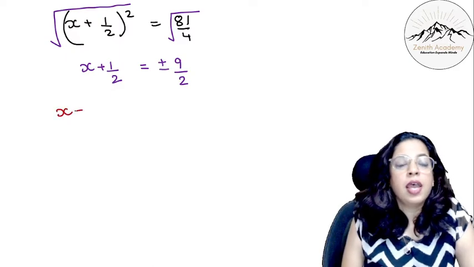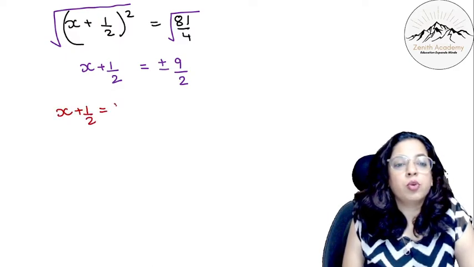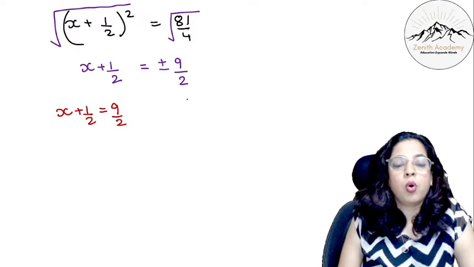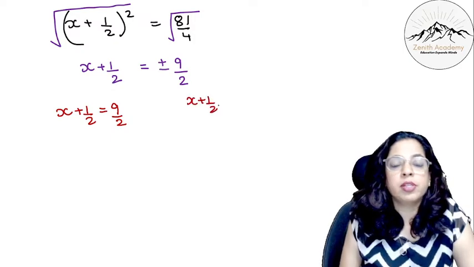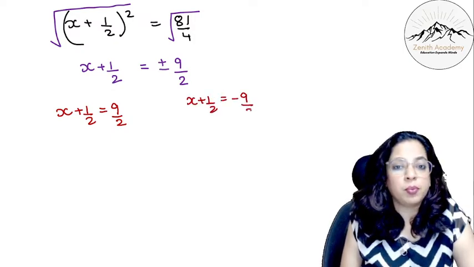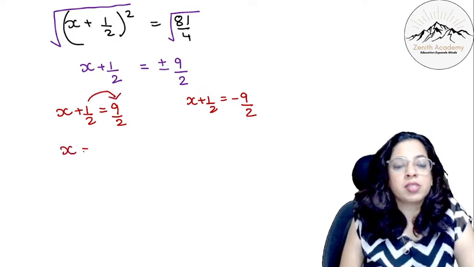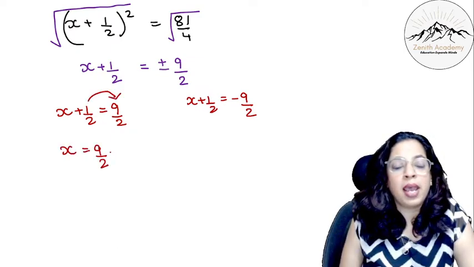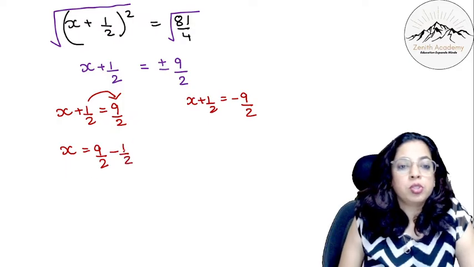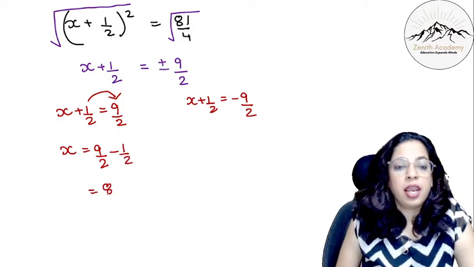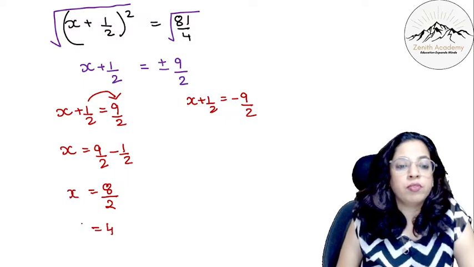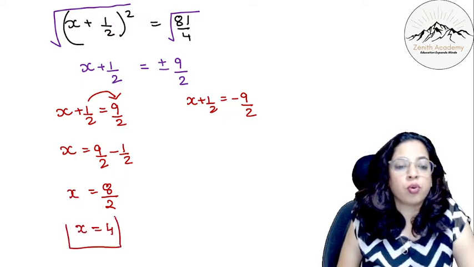So now x plus 1 by 2 is equal to positive 9 by 2. Also x plus 1 by 2 is equal to negative 9 by 2. So here if you take positive 1 by 2 here, it becomes x equal to 9 by 2 minus 1 by 2. So it becomes 8 by 2, which is equal to 4. So you have got one of the values of x as 4.